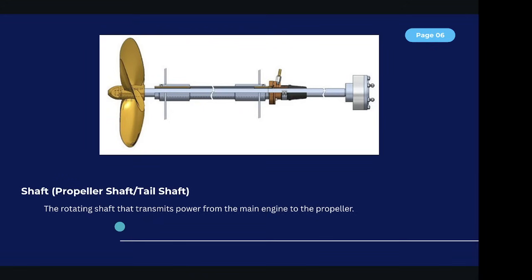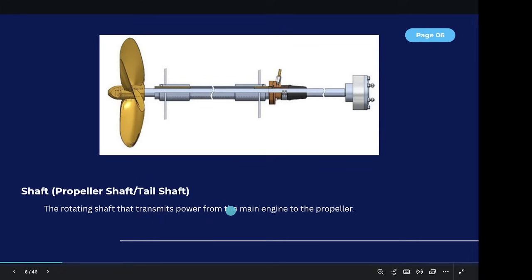So another one that we have here is the shaft, or the propeller shaft, or the tail shaft. This is the rotating shaft that transmits power from the engine to the propeller.